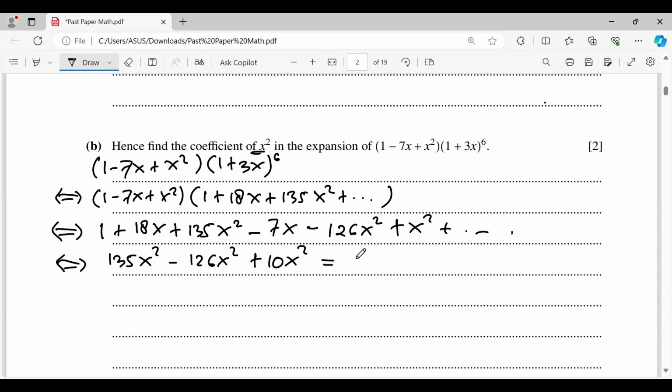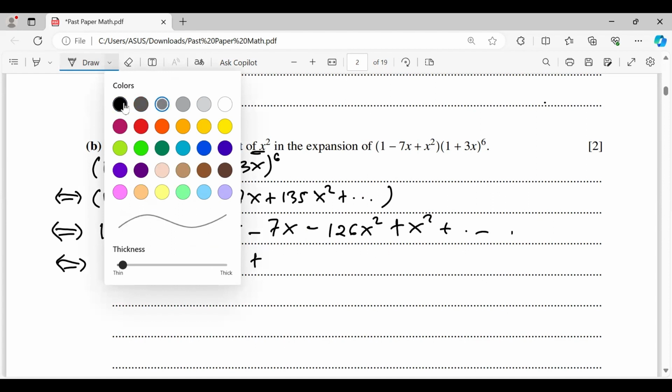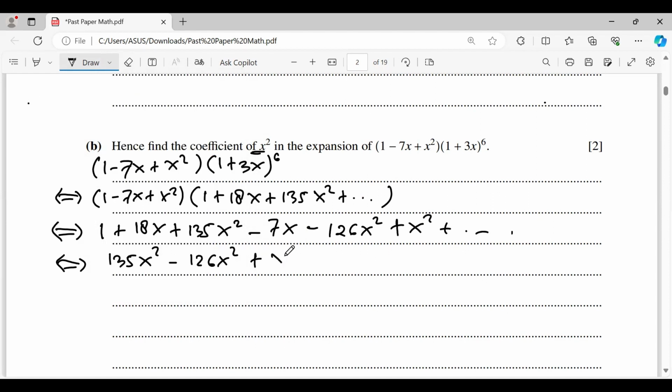So it becomes minus 125, I mean, plus 1x squared equals minus 125x squared. So the coefficient of x squared is minus 125.